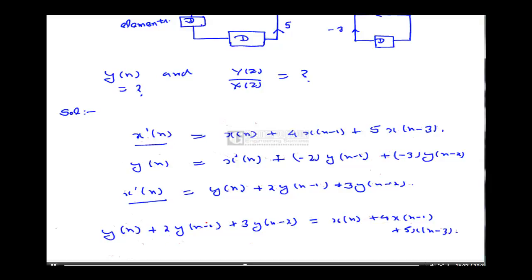Now, to find Y(z)/X(z), I need to find the z transform of this expression. Let this expression be 1.